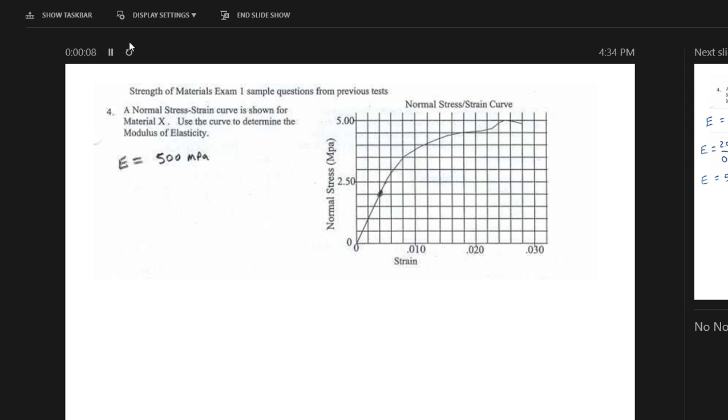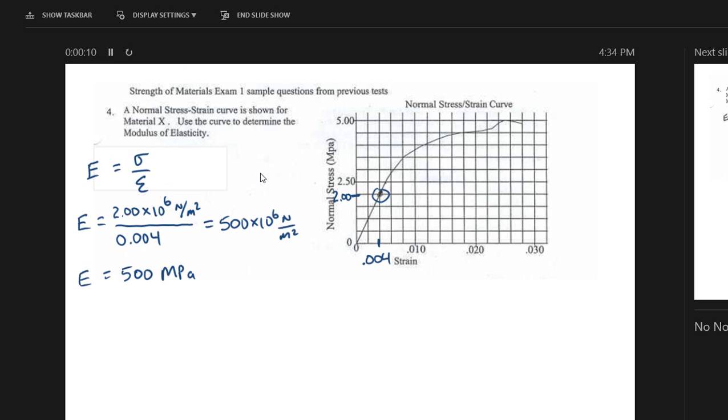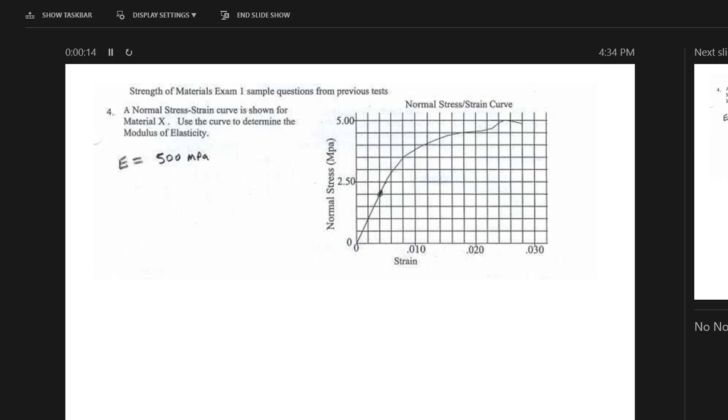Okay, so there's the first one. That's just a normal stress-strain curve shown for a material. Use the curve to determine the modulus of elasticity. I think I got the answers on there. We can go over these on Friday if you want.